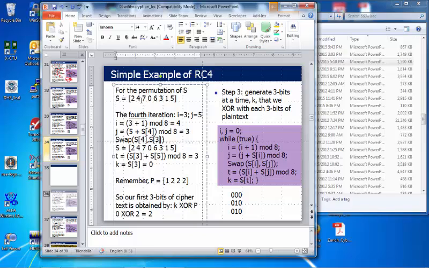So 0 1 2 3 4 6 and 0. So 6 and 0. And 4 and 3. 6 and 0.